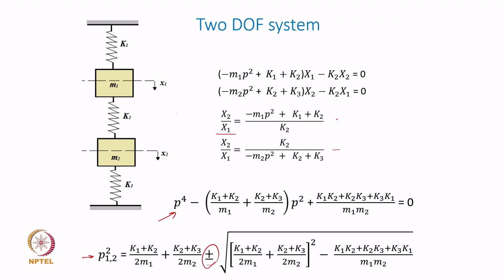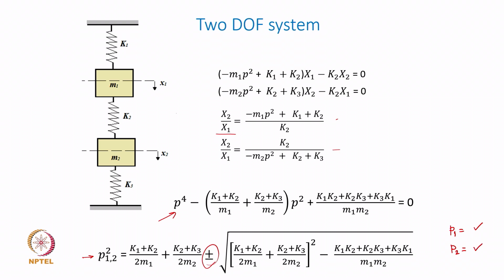I am going to explain that in more detail very shortly, but what you should understand is that you will get one value for p, that is P1, and the other will be P2. These are the two natural frequencies of the system.